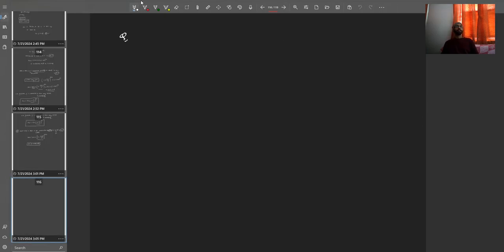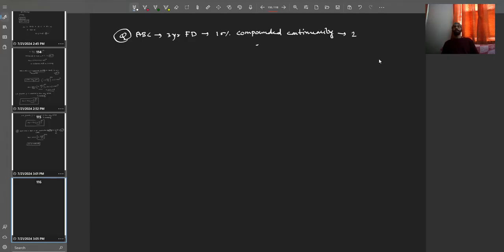The question is, your bank ABC gives you a 3-year FD at 10% compounded continuously. If you invest $2,000 in this kind of an FD, 3-year FD, compounded continuously at 10%, what is going to be your future value of investment, right?